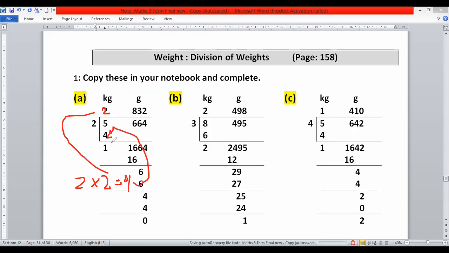After that we subtract 4 from 5. 5 minus 4 is equal to 1. Dear students, remember that here we are dividing kilogram by 2. So when we divide 5 by 2, the remaining kilograms are 1.